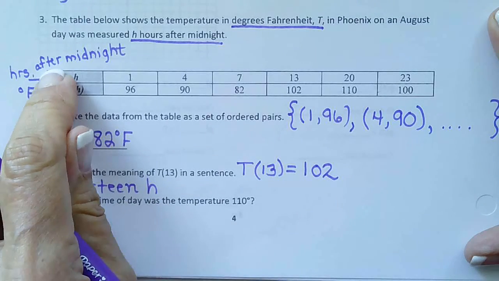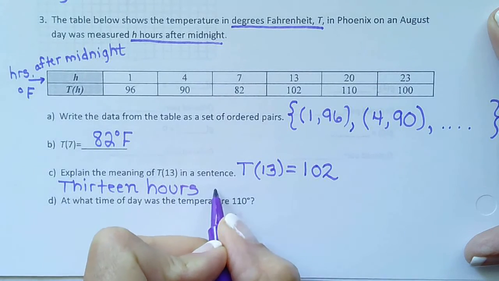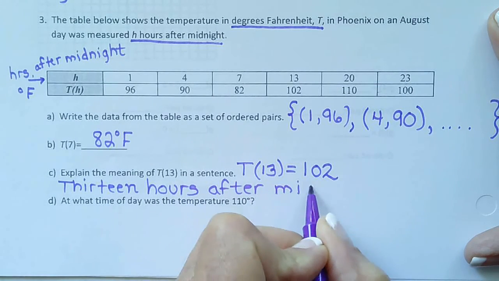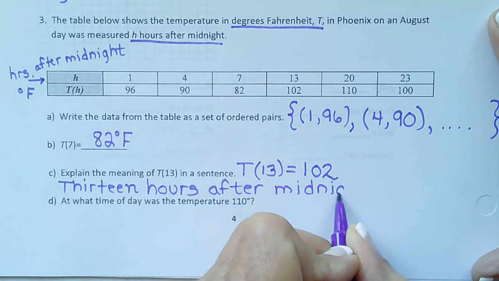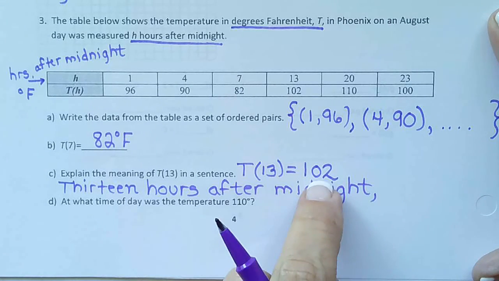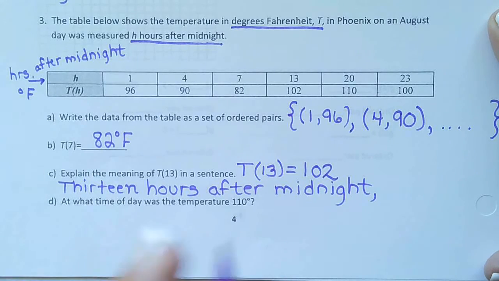13 hours after midnight, comma, the temperature is 102 degrees Fahrenheit.